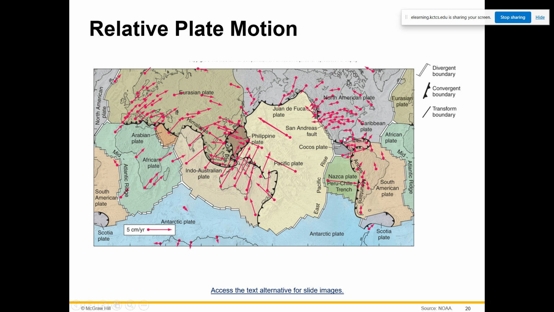And so if you look at the transform fault, the San Andreas, it's always interesting to me that really both of these arrows are pointing left. But again, it's in relationship to one another. This is going up just a little ever so slightly. And their speeds are a little different too.